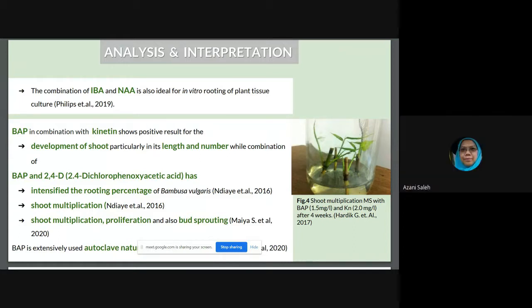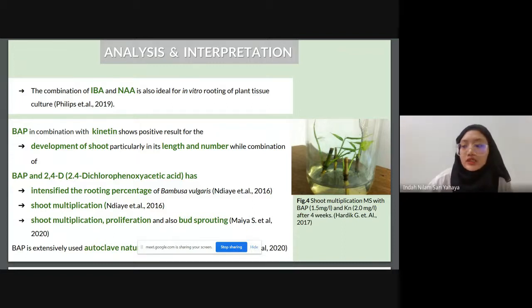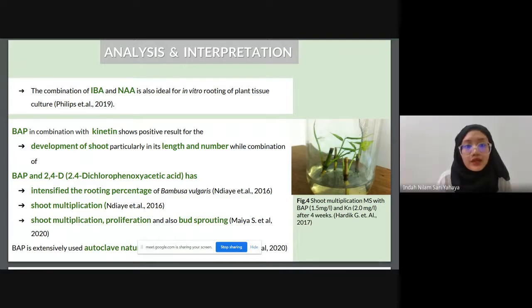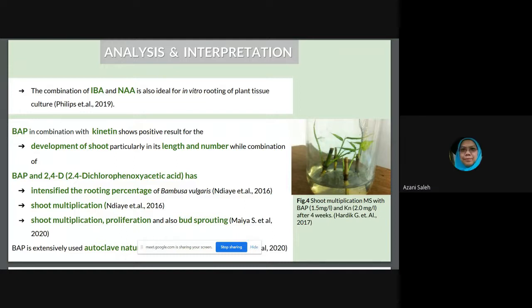May I know the concentration? The most suitable concentration is around 2 milligram per liter to 10 milligram per liter. 2 to 10 milligram per liter, BAP alone? BAP in combination with kinetin. Yes. Okay.